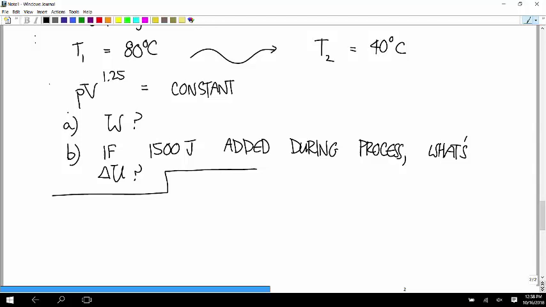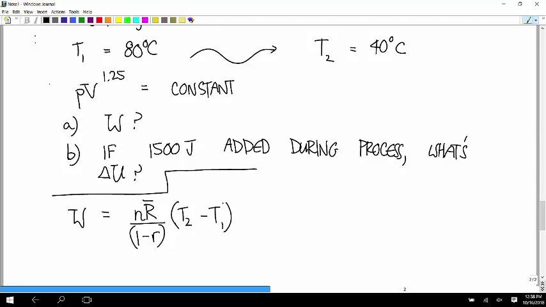It's not something I want you to remember. Okay, W is equal to N R, over 1 minus n, times T2 minus T1. Okay, so yeah, we can work with this.